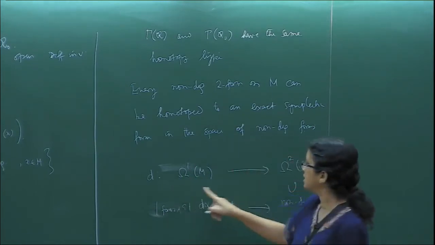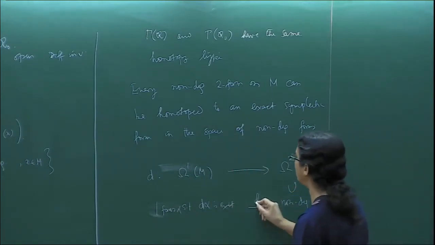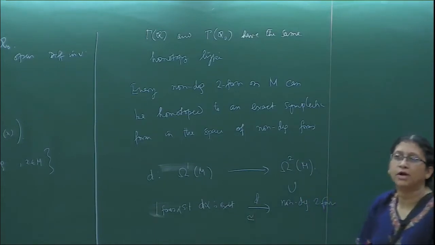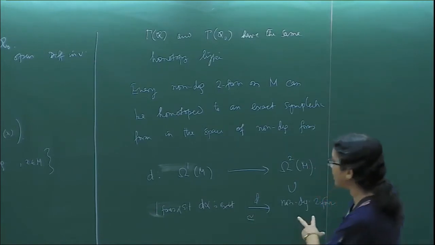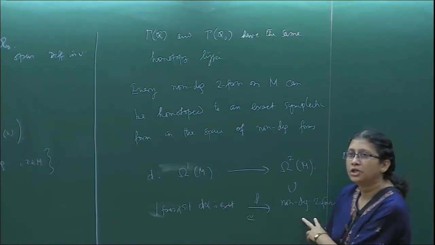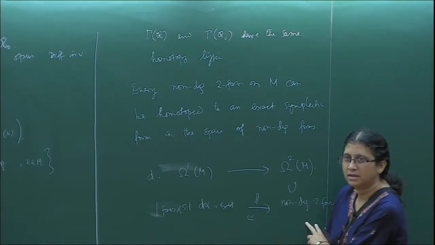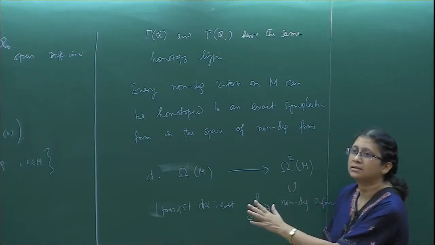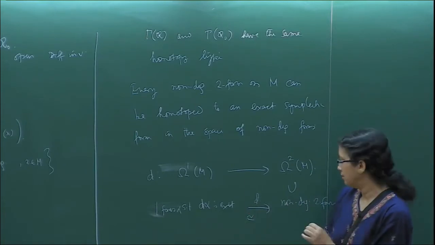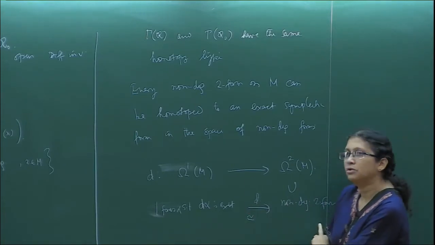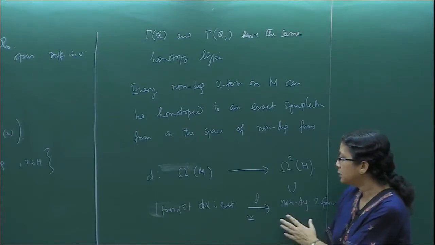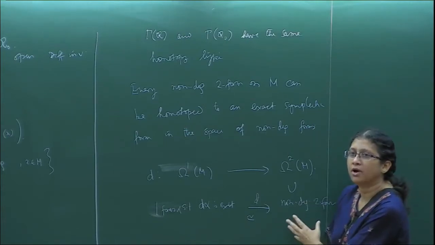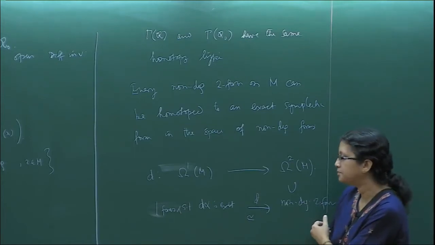Now d, this exterior differentiation, will define actually a weak homotopy equivalence between these 2 spaces. So I don't need to really talk about the jets and others. I simply look at whether I have a non-degenerate 2 form on a space, and then I can say there is an exact symplectic form. The main point to be noted is that there was no differentiability condition on the right hand side. So you can use algebraic topological techniques to find whether such a thing exists or not.